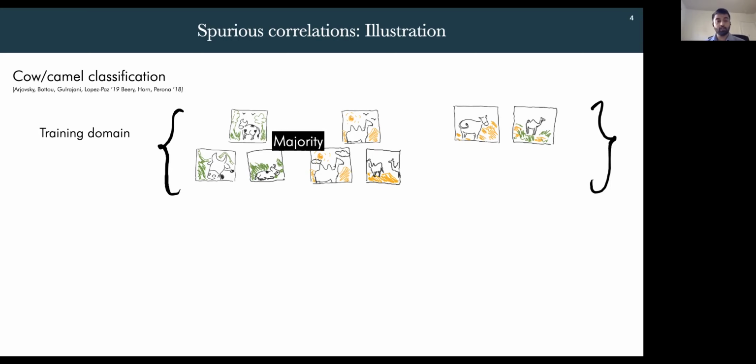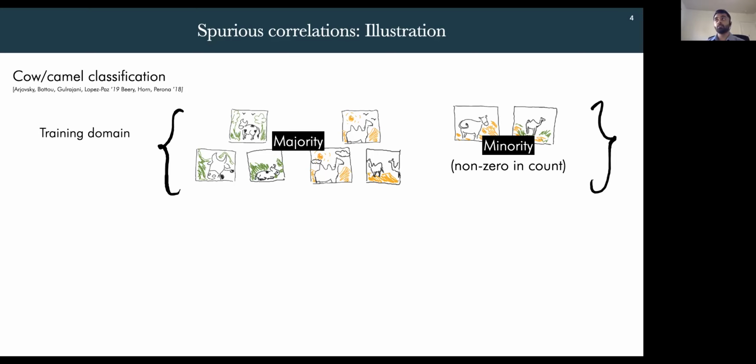And there is a minority of data points where this correlation is flipped, in the sense that there are some cows that are in a desert and some camels that are in a grassland. Now I'm going to imagine that you have a non-zero number of such cows and camels. And the reason I want to imagine that is because I'm creating a setting where the background is not fully correlated with the label, but it's weakly correlated.